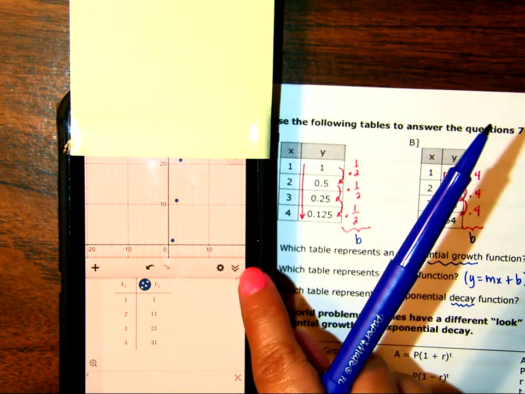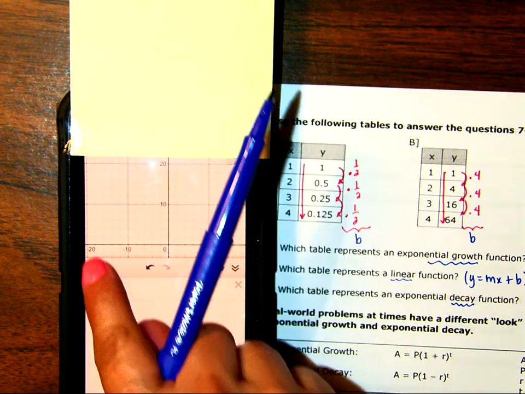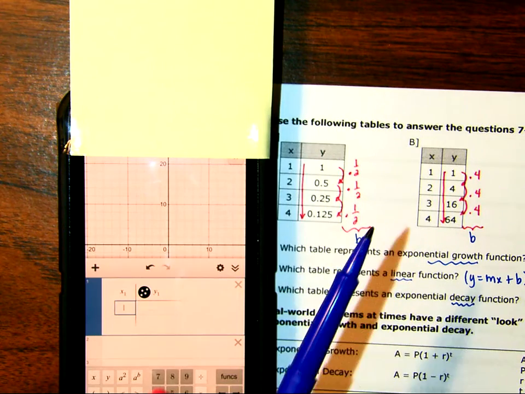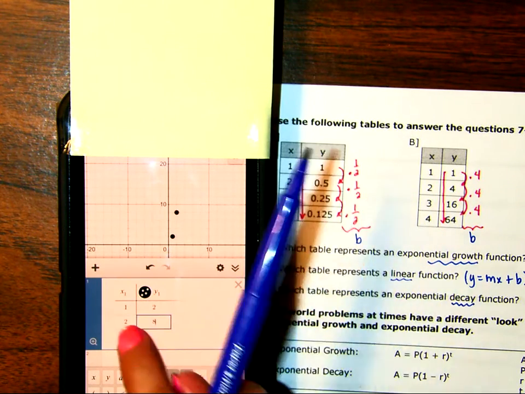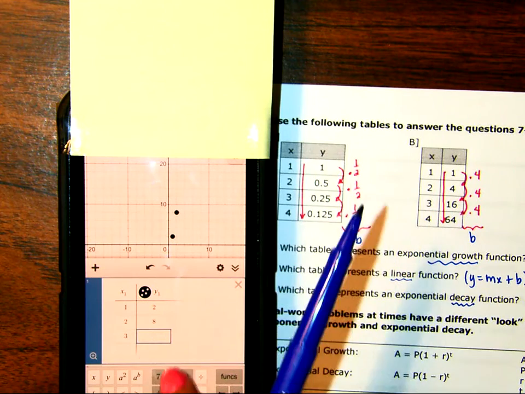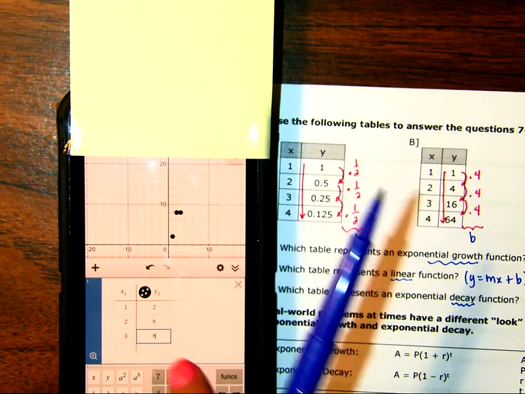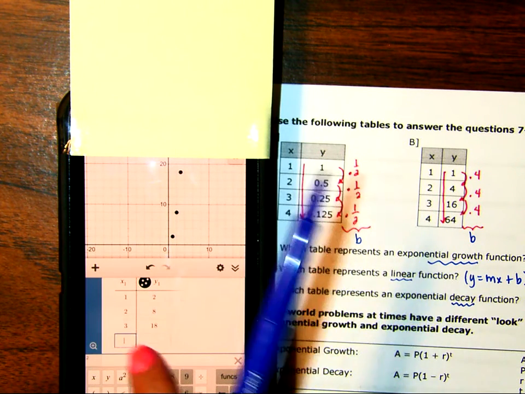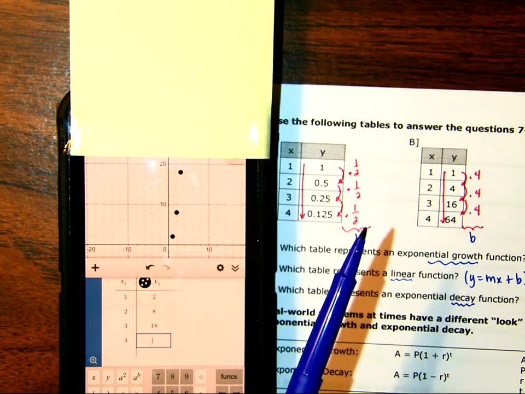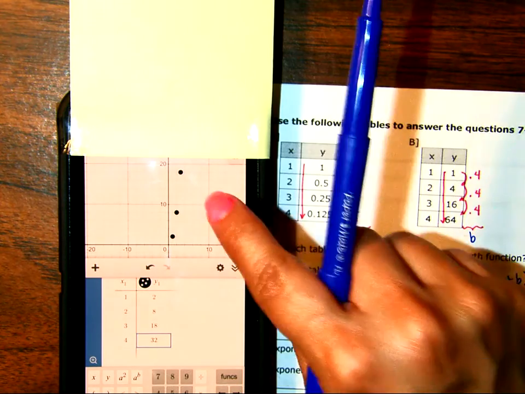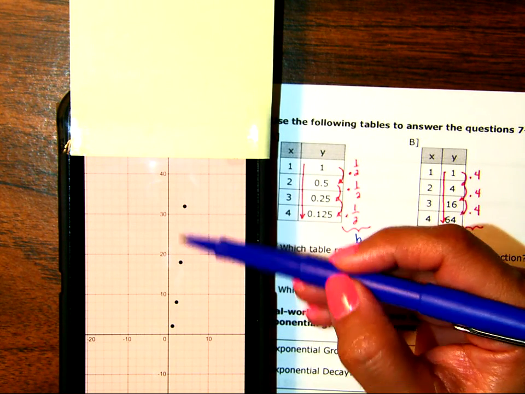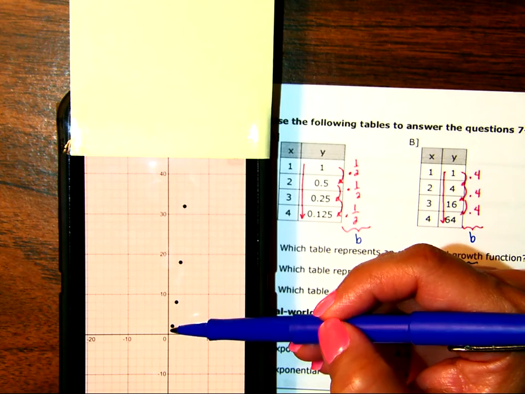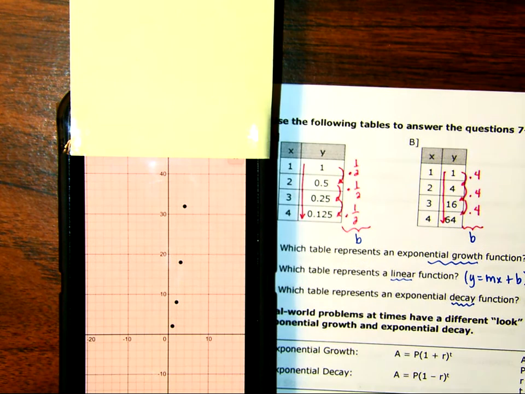Okay, and then the last one, put a plus table, 1, 2, 2, 8, 3, 18, 4, 32. And oh my goodness, there it is. I'm going to move this out so you can see it. It does not have a constant slope, but if you notice, look at the jump. Remember we talked about this before, 3, 5, 7. That is quadratic right there in the making.